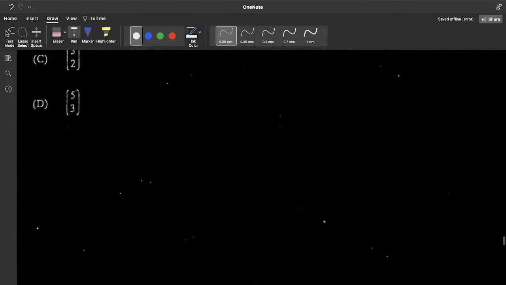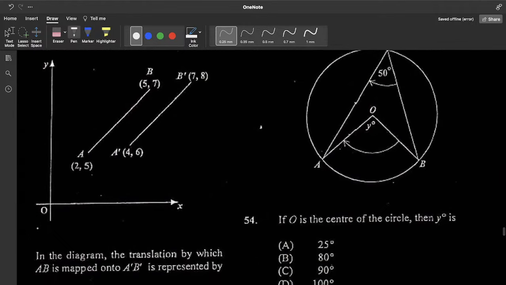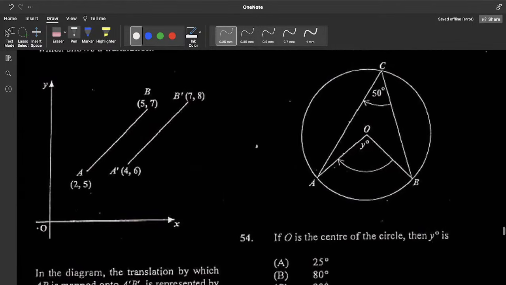All right. So for this particular question, we need to determine the translation mapping AB, which is the first line here, to A prime, B prime, which is this here.